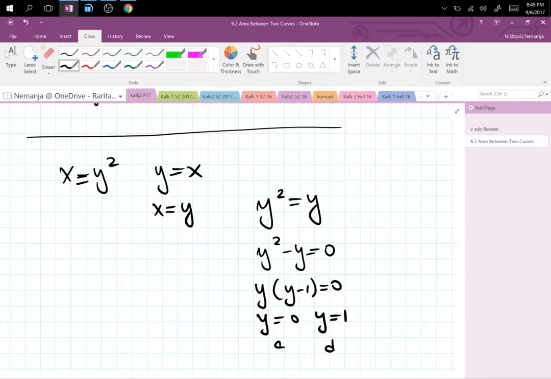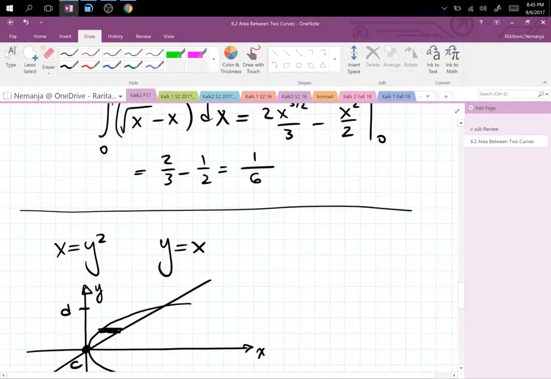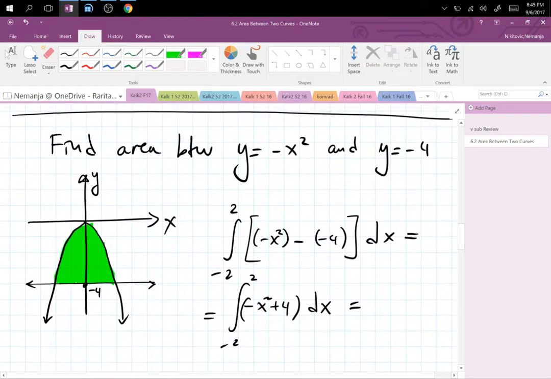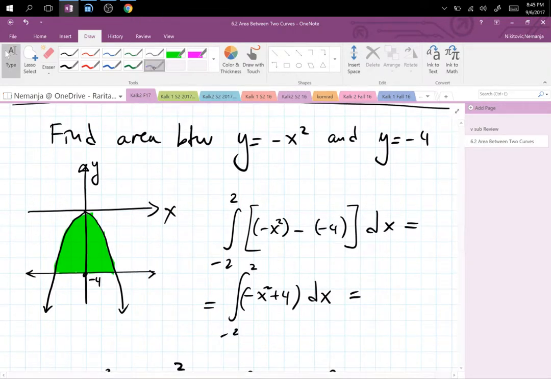Yes? Did you have any problem? Because it was obvious before what the limits are. But you will always set these equal. The next problem will have to do it, because it won't be obvious, right? So over here, for this problem, you set negative x squared equal to negative 4, x squared is equal to 4, x equals plus minus 2, and those are the limits.